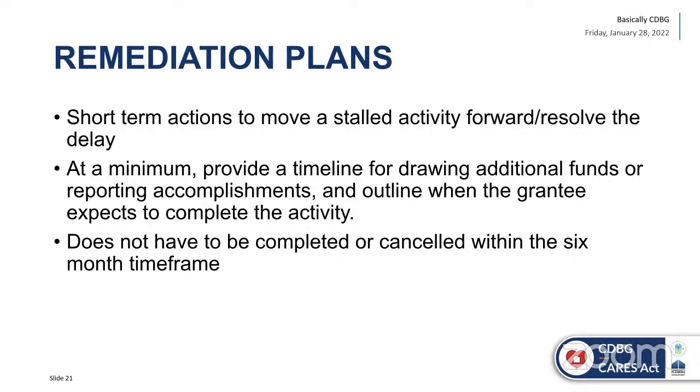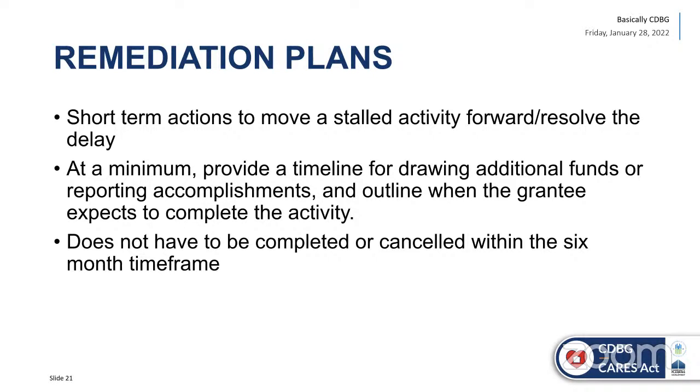For example, if you have a housing rehab program that has not had draws for a year and has not met a national objective, your action plan could be, we will post an advertisement in the newspaper, and when you are going to post that.